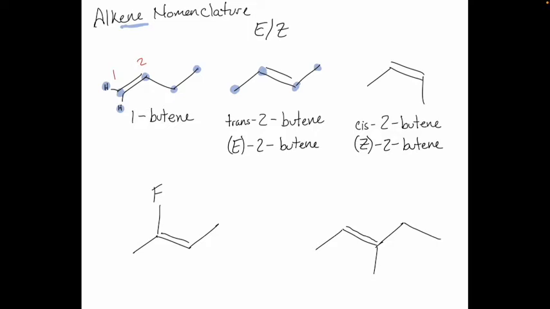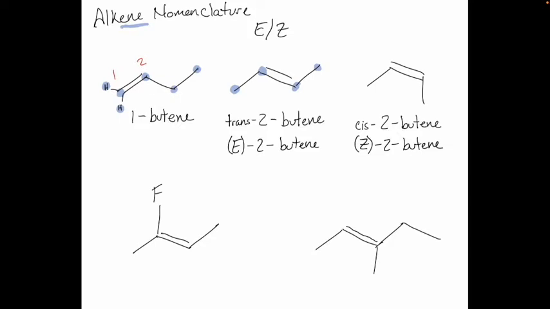So these would both be acceptable names for these two compounds. We're going to see why the E and Z designation is actually preferable. It's a little bit more expansive than cis or trans, and we'll see that in our next examples. But just note that either one of these would be the same thing. You could say cis-2-butene or Z-2-butene. Those are both saying the same thing, that E and Z are indicating stereochemistry.